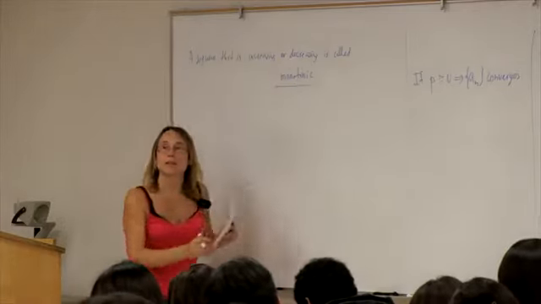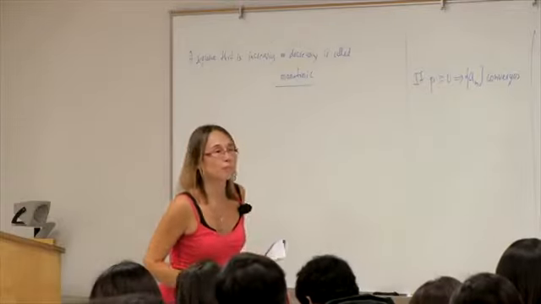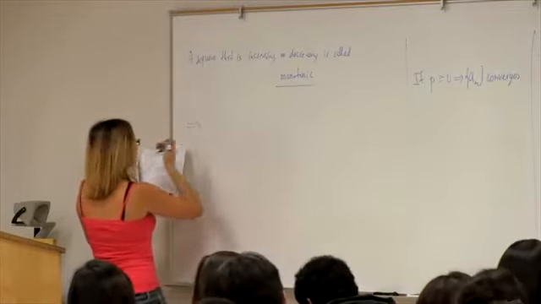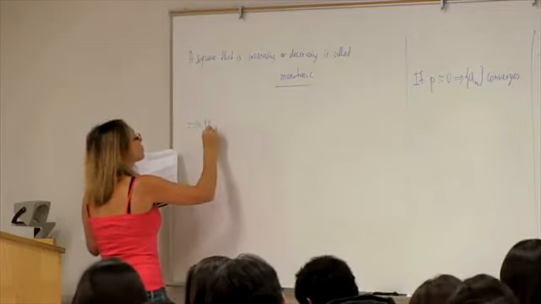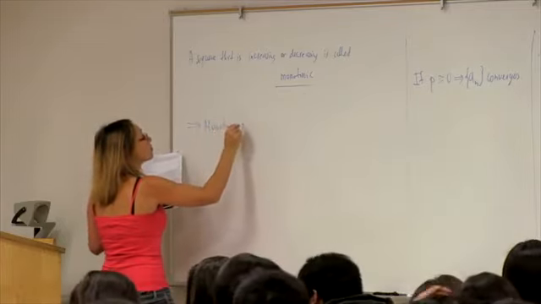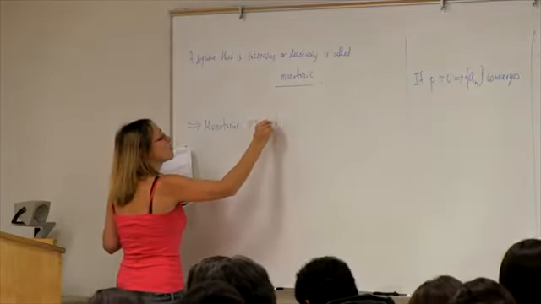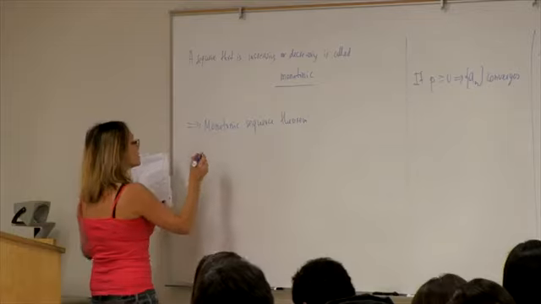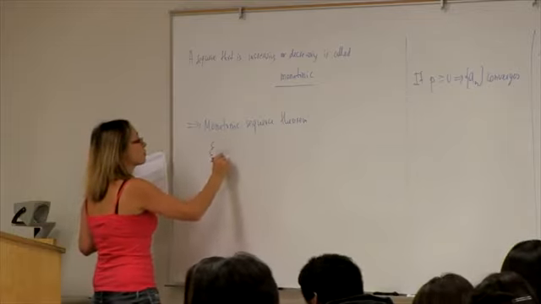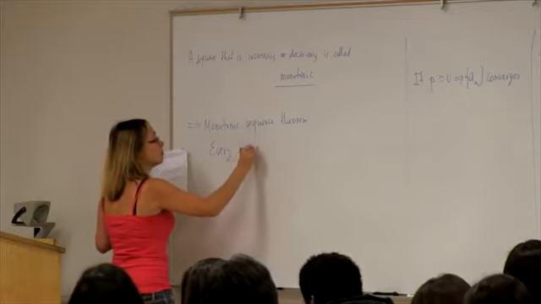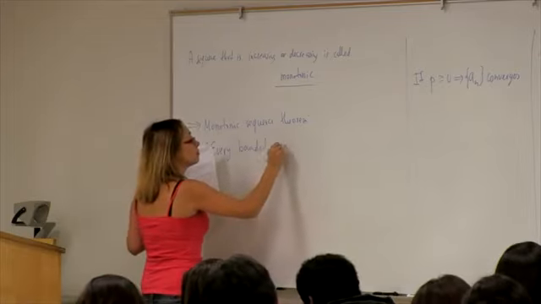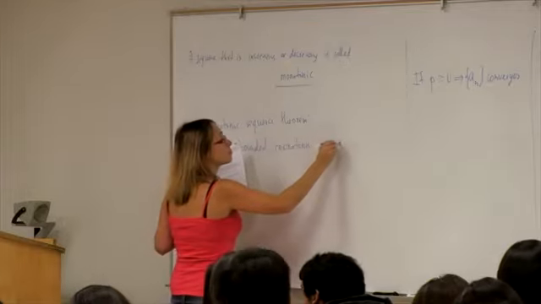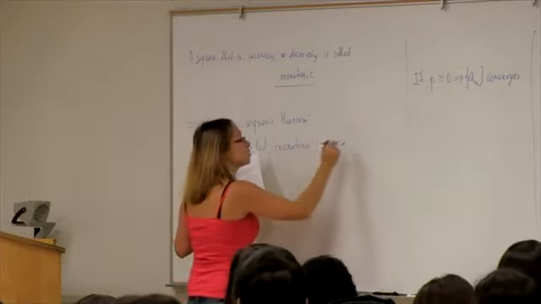Okay, and related to this, there's an important theorem which I wanted to give you. It's called the monotonic sequence theorem. And it's very simple. Every bounded monotonic sequence is convergent.